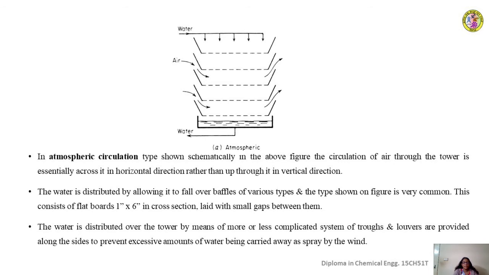Air, as it flows across the tower, comes in contact with the water. Due to the contact, and since the air is unsaturated, humidification of the air takes place and the water gets cooled before it reaches the bottom of the tower. The cooled water is collected at the bottom basin, from where it can be taken to the use for which it is meant.